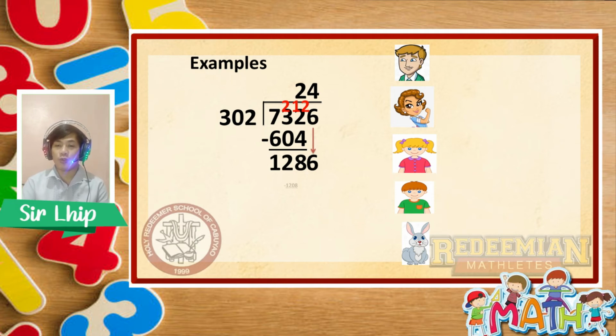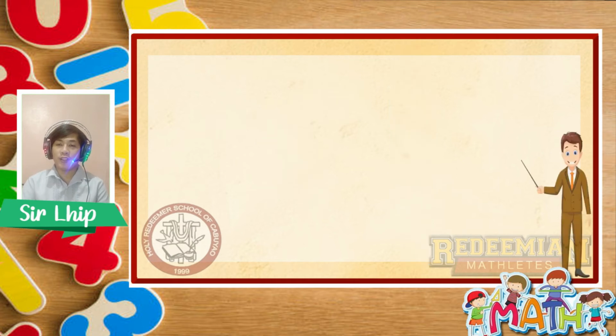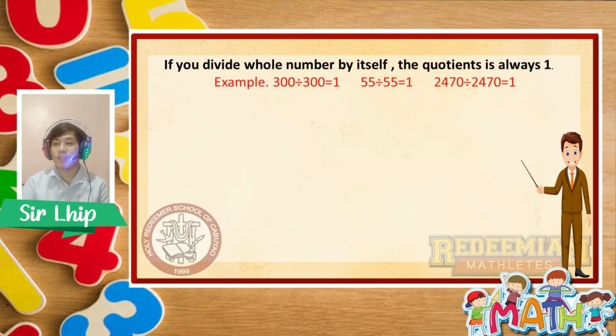So 1,208. Then subtract. 6 minus 8 cannot be, so borrow from 8. So 6 becomes 16. Then 8 becomes 7. So 16 minus 8 equals 8. Then 7 minus 0 equals 7. So remainder 78.